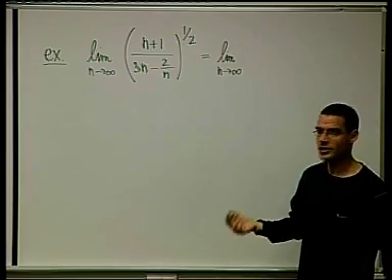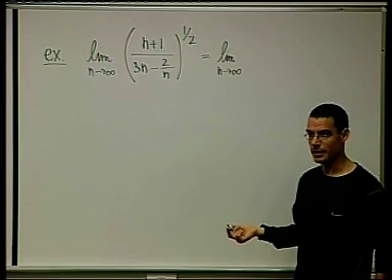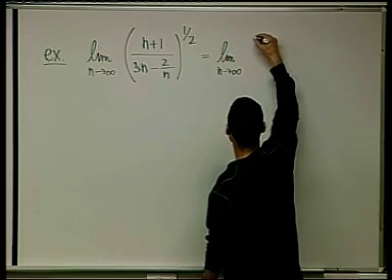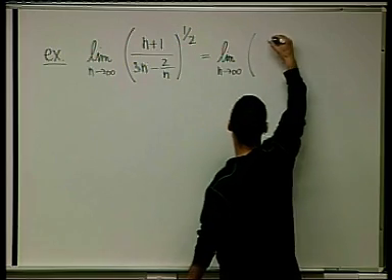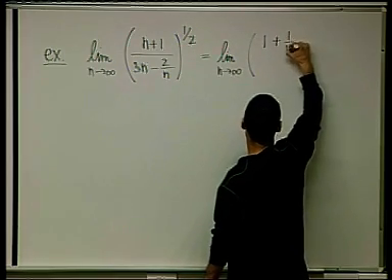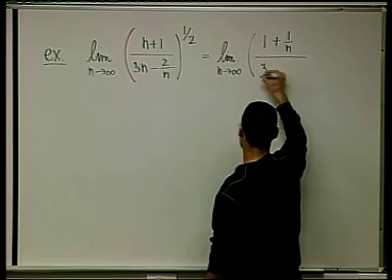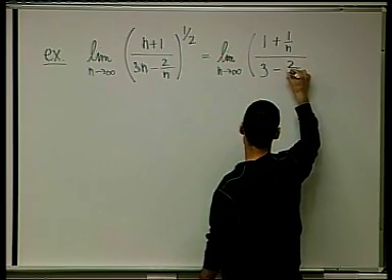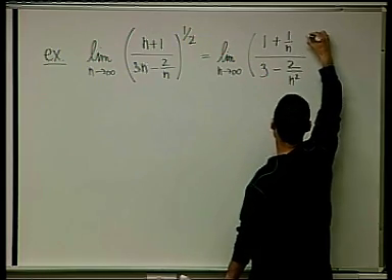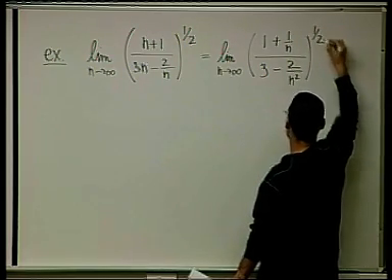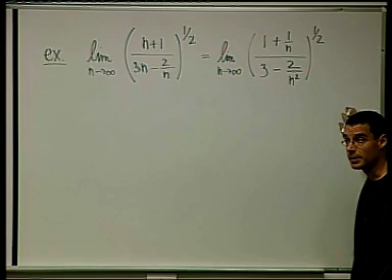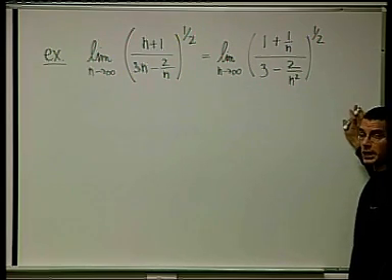We've seen that. It's the same idea as with functions. So I would write here, dividing the top by n, I would get 1 plus 1 over n. And dividing the bottom by n, I would get 3 minus 2 over n squared. And all this to the power 1/2. Do you agree that this is the same? I did not go to the limit yet.